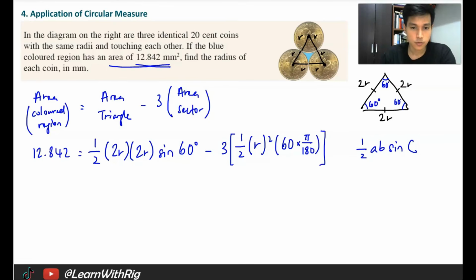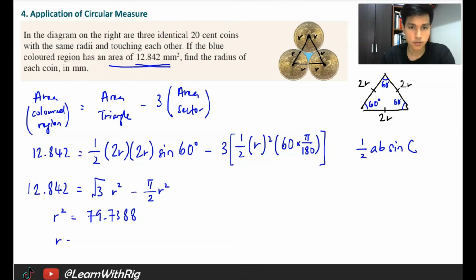Okay, so you will get 12.842 equals to root 3 r squared minus pi over 2 r squared, and then you rearrange this, you should get r squared equals 79.7388.